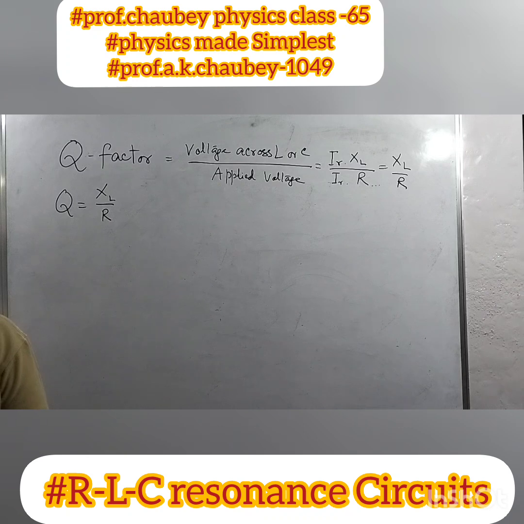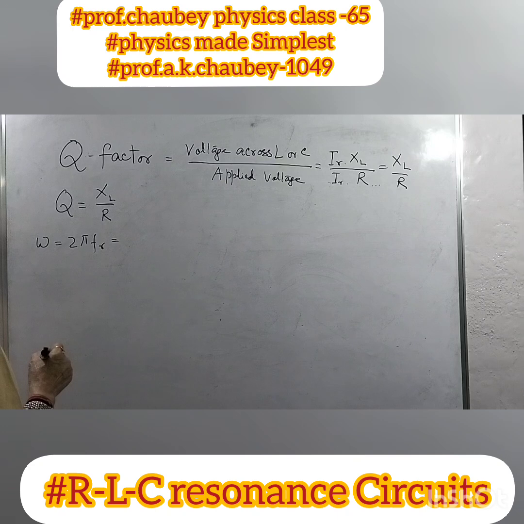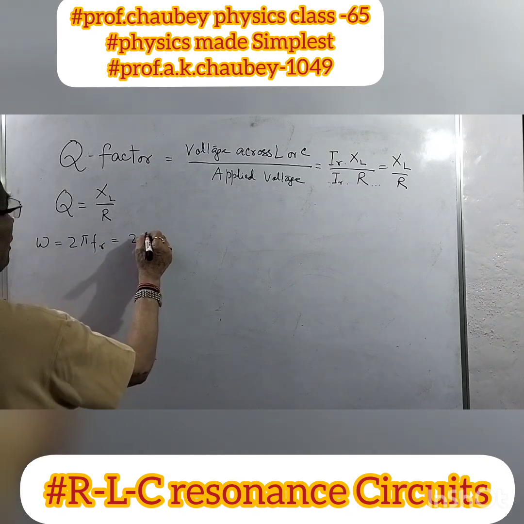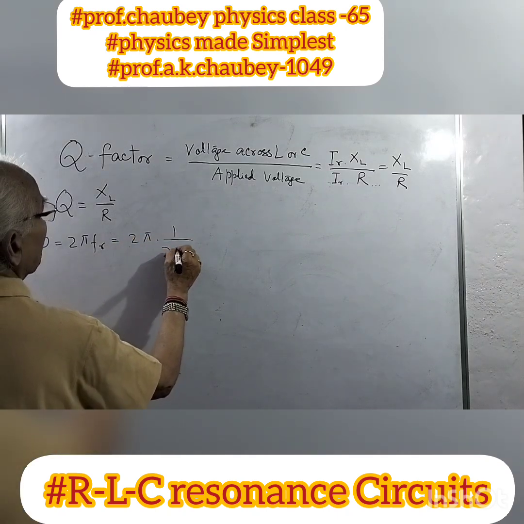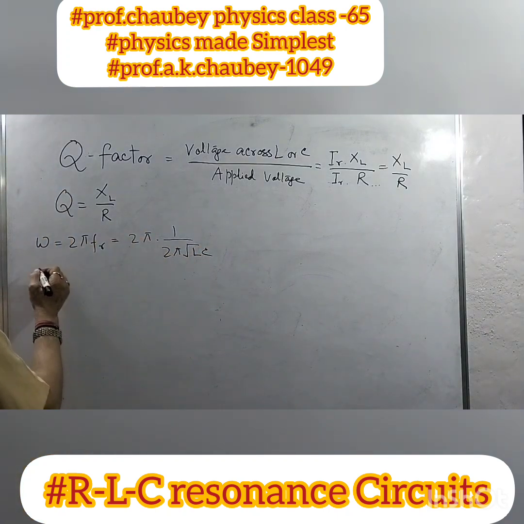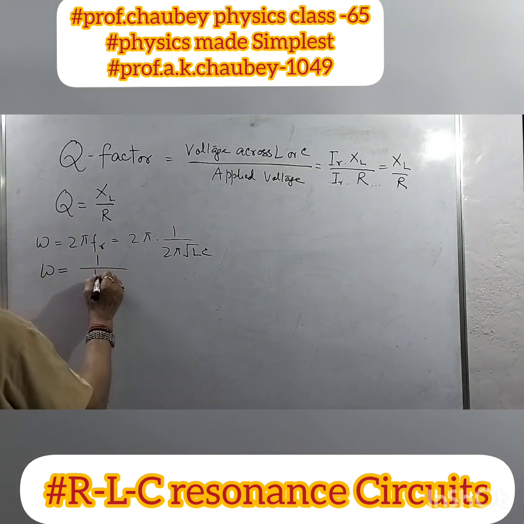And we know that omega is equal to 2 pi FR, the angular frequency. FR is 1 over 2 pi under root LC. So 2 pi cancels, so omega is 1 over under root LC.